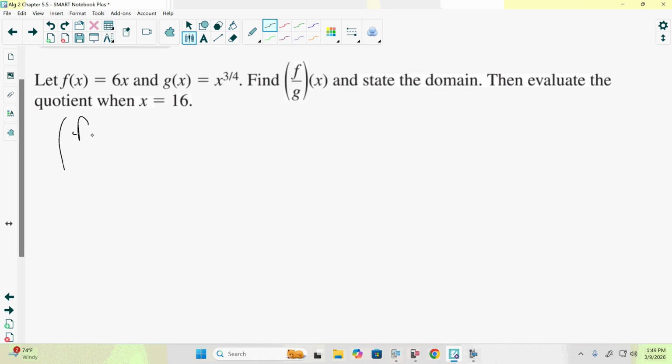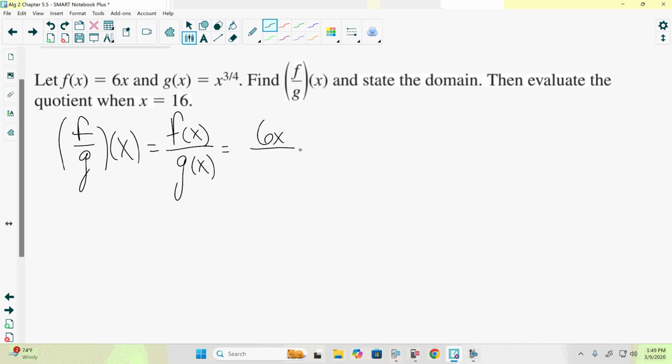Division, dividing our quotient. F divided by g of x. So when we divide, we're going to have f of x divided by g of x. So f of x is told to us to be 6x. G of x is x to the 3/4.